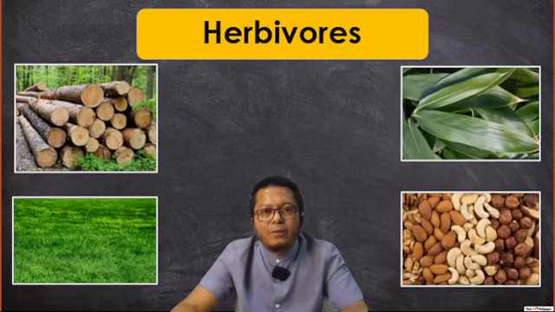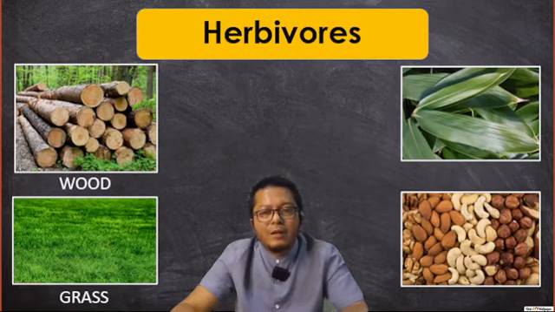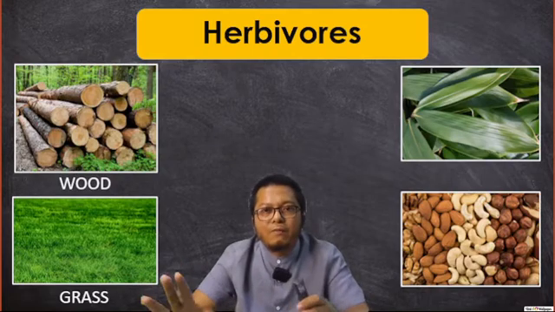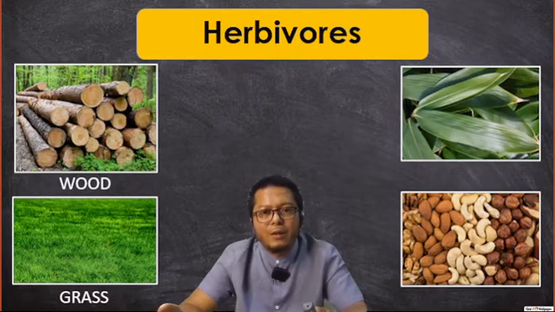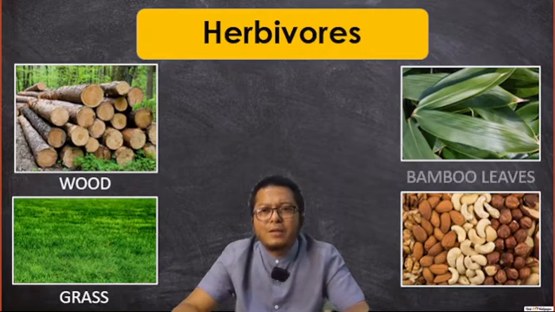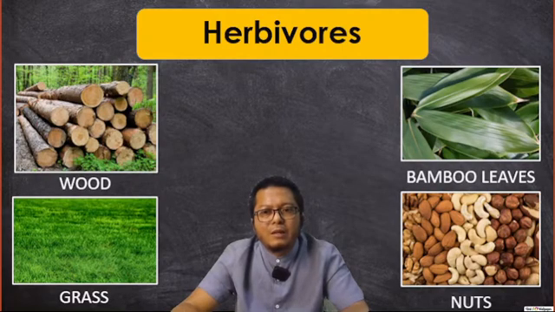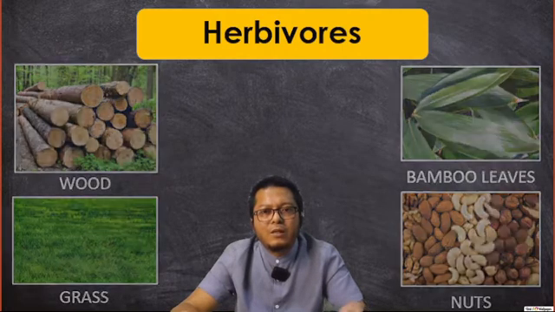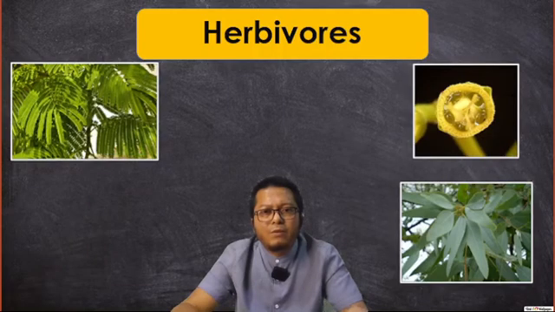Now here we can see there's wood, grass. Now everything is still parts of a plant. We call this plant. But some animals love wood. Some animals love to eat grass. Some animals love to eat bamboo leaves. And then some animals love to eat nuts. And then some animals love to eat these leaves.